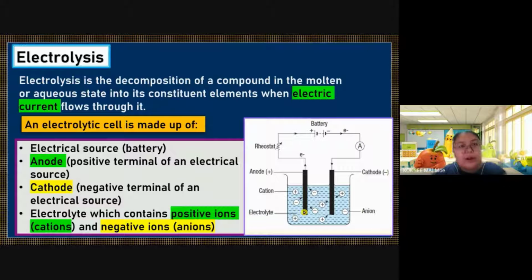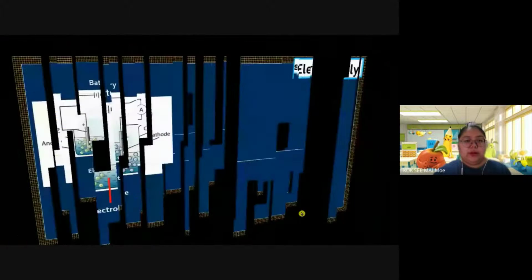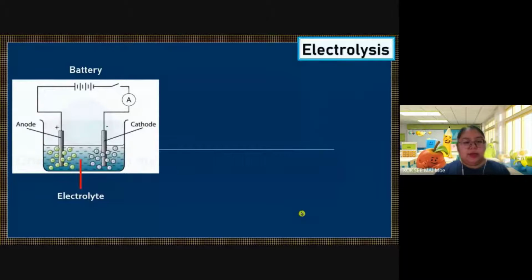The diagram must be like this. Normally the question will ask you to label the names. Remember the anode is positive, the cathode should be negative. Now we are going to see the electrolysis again.